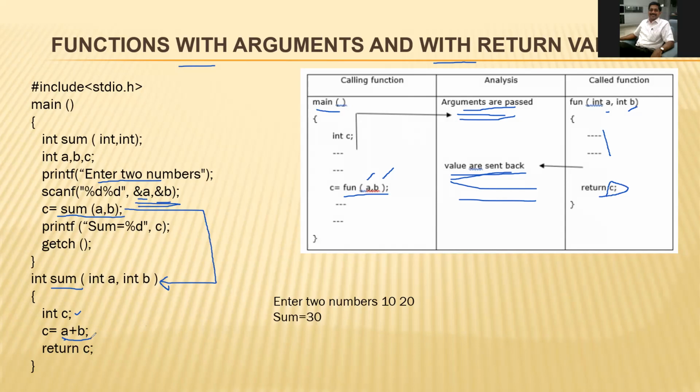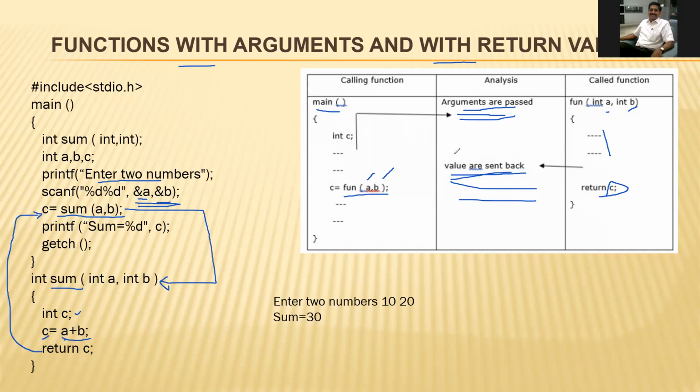And what is happening in the sum function? C is calculated, but this C is not displayed here itself. Instead, it returns the value of C to the main function.